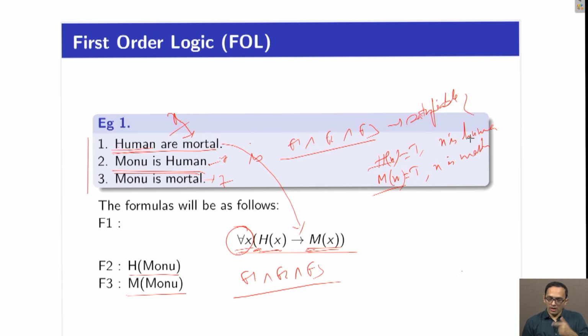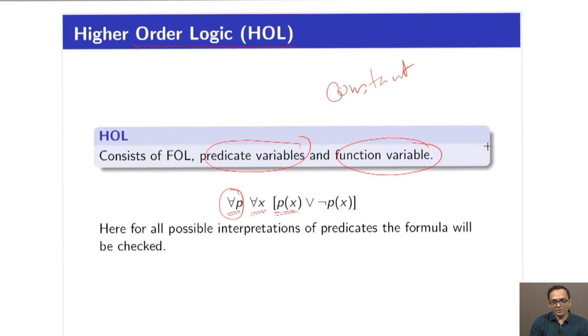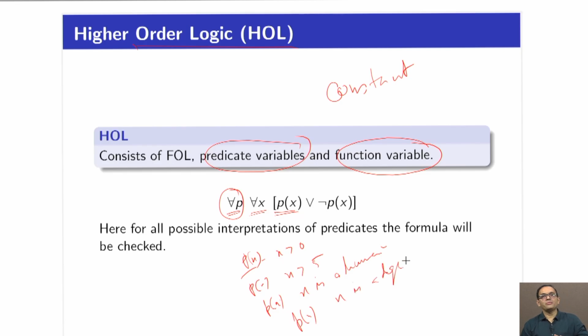Now, in this case p is quantified. So, you may have a predicate which means x greater than 0, or a predicate where you say x greater than 5. You can say that the predicate means x is a human being, or P of x, x is a dog. You can have different meanings of this predicate.